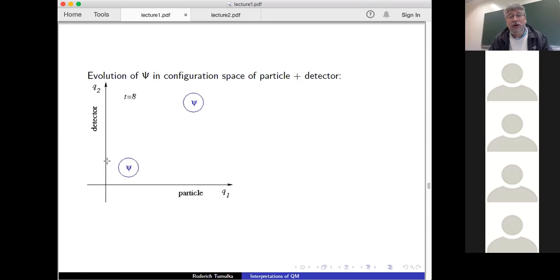So for example, if you consider two configurations of the apparatus with two different needle positions, then air molecules will bounce off the needle, and some air molecule will bounce off that would not have bounced off if the needle had been in a different location.